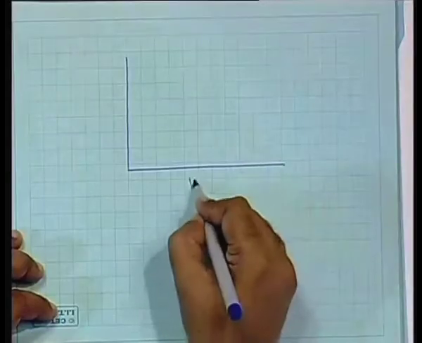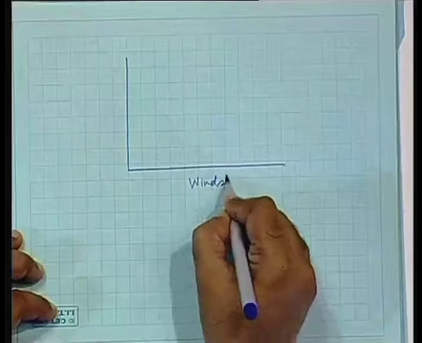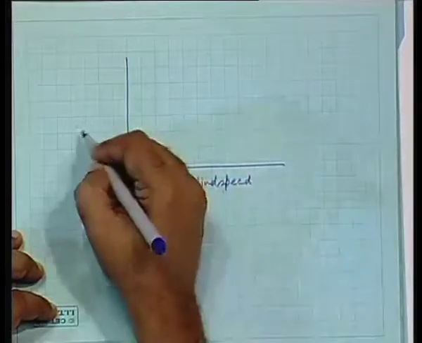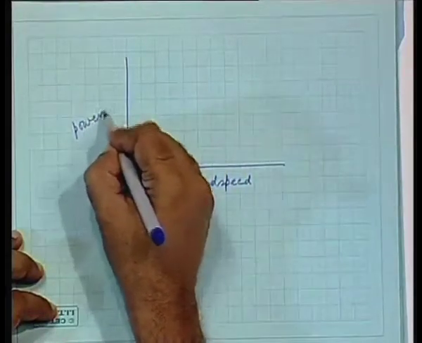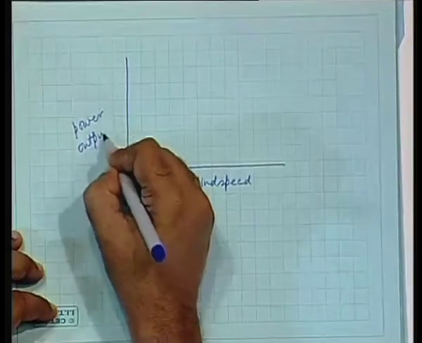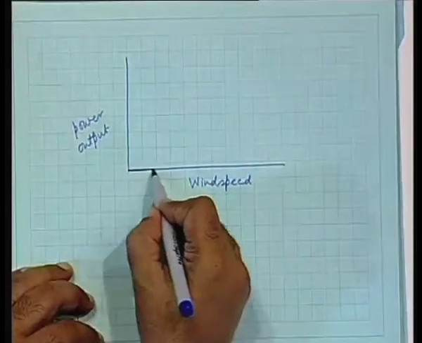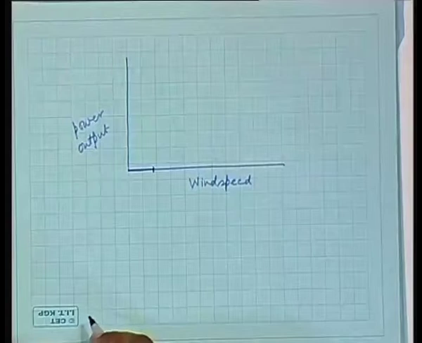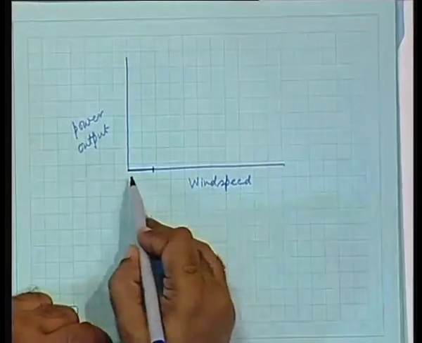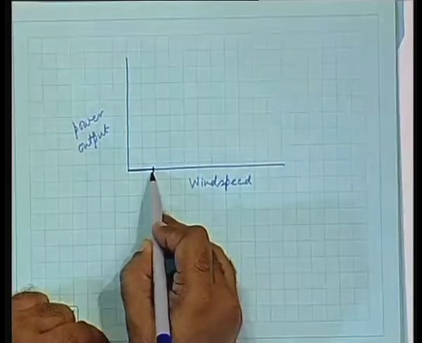suppose the wind is starting to blow at a certain point of time. Obviously, it cannot start below a certain wind speed. So, if you draw the power output versus wind speed characteristics, then it will start only beyond a certain wind speed.